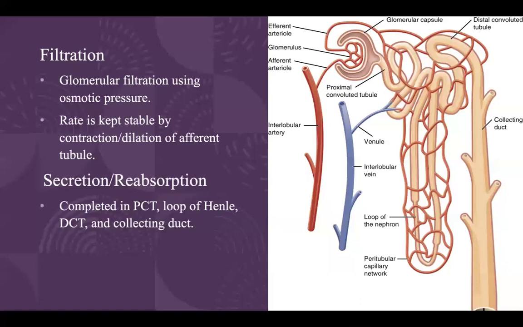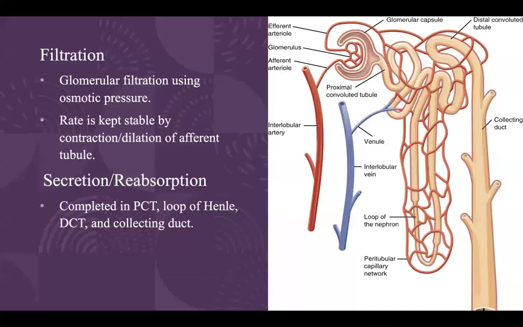The ascending portion, so the left side of the loop that we see here, pumps sodium out, while the descending portion is more permeable to water and not so much sodium. So it's kind of keeping this balance here.